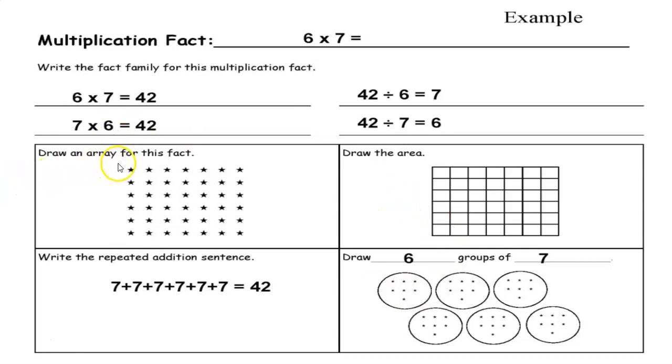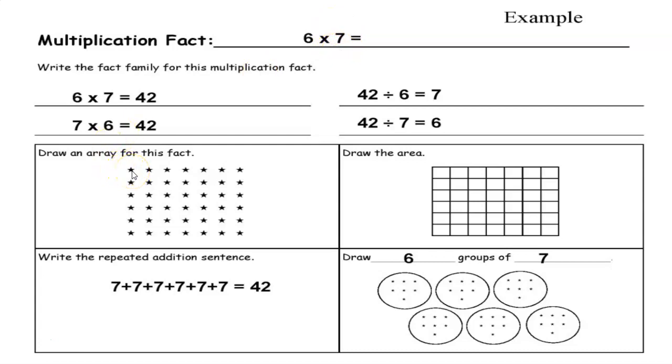First, you're going to draw an array of the fact. So you're going to have 1, 2, 3, 4, 5, 6 rows because that is your first factor. Each row is going to have the second factor, 7.